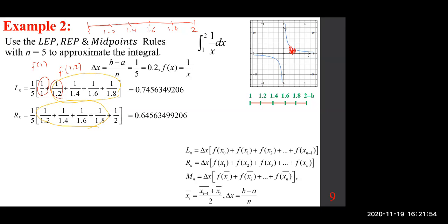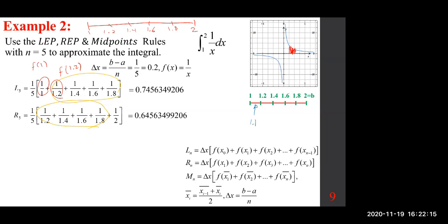Now, what about the midpoints? Now, the midpoints, sadly, we don't have any choice but to actually calculate all of them. So what would be the midpoint? Let me use a different color here. So over here, this one is 1.1. I hope everybody can see that.